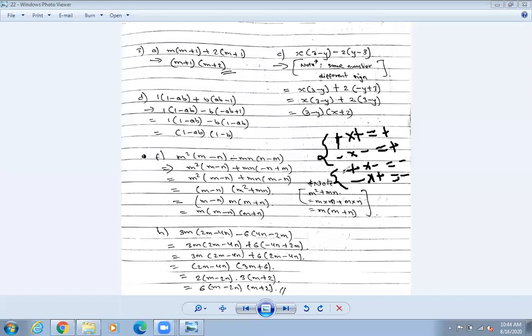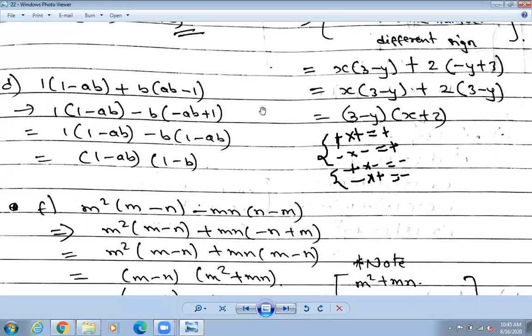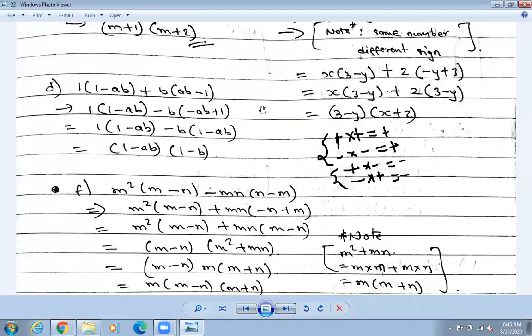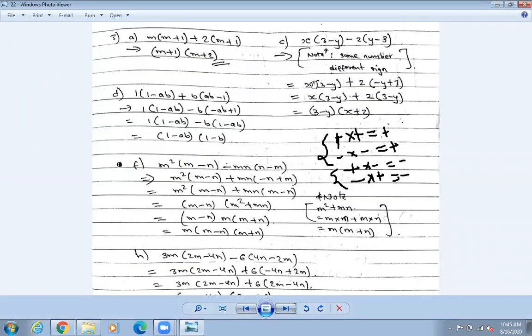Okay, so you also write it down on the side. So let us see now. So write this down as it is. Okay, x 3 minus y. Let us write down as it is. Let me zoom this a little bit. Okay, so here we can see that x 3 minus y is there.